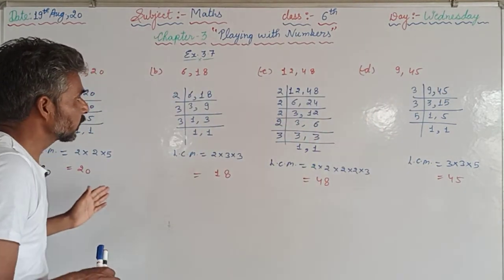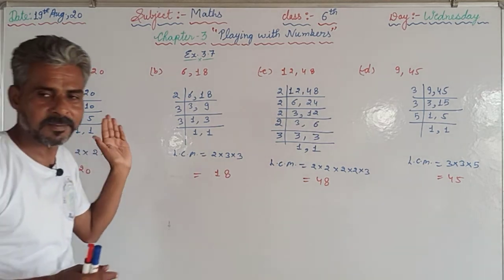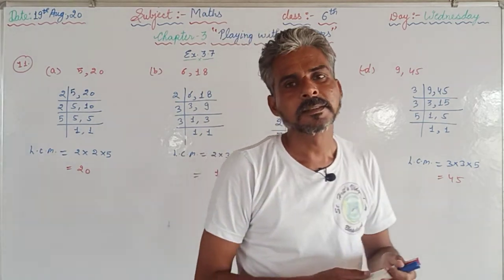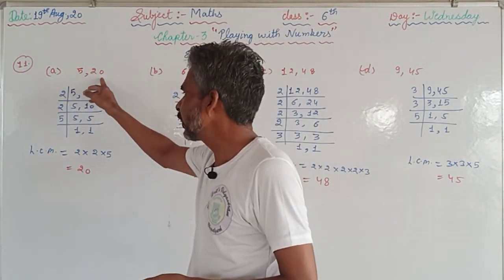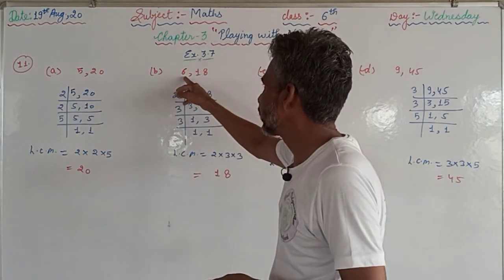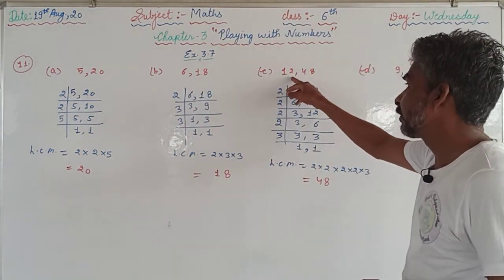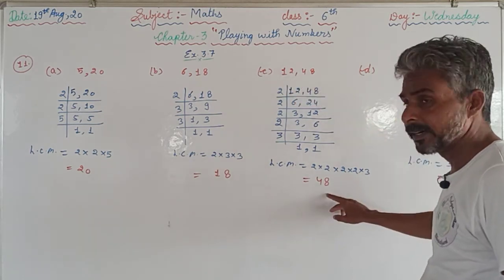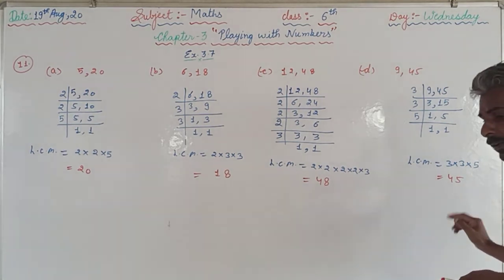So we can say when two numbers are given in which the larger number is a multiple of the smaller number, or the smaller number is a factor of the larger number, then the larger number will be the LCM. Here 5 is a factor of 20, so 20 is the LCM. Here 6 is a factor of 18, so 18 is the LCM. Here 12 is a factor of 48, so 48 is the LCM. Here 9 is a factor of 45, so 45 is the LCM.